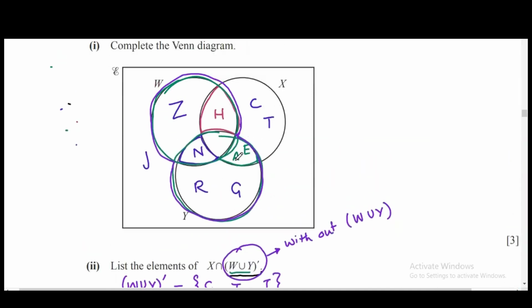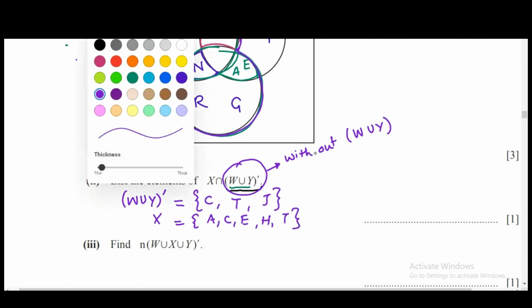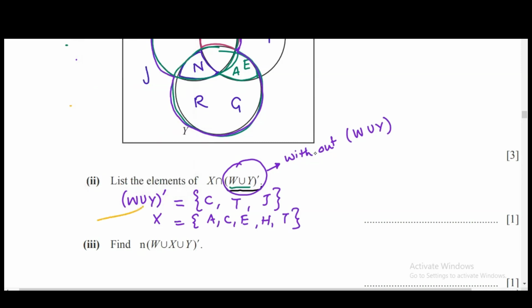Now the set X has the elements A, C, E, H, and T. You should know the meaning of union. So, what is the meaning of union? I have explained in the previous videos.